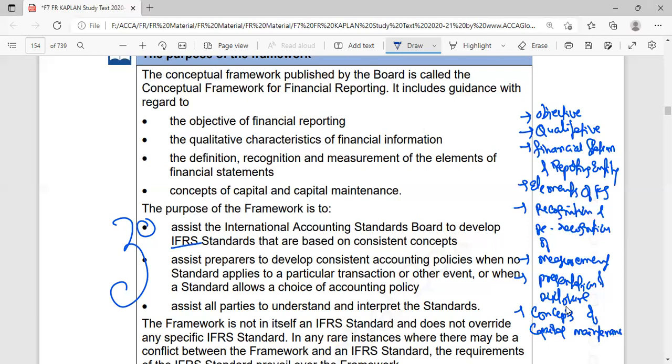These are what we are going to discuss in the conceptual framework.